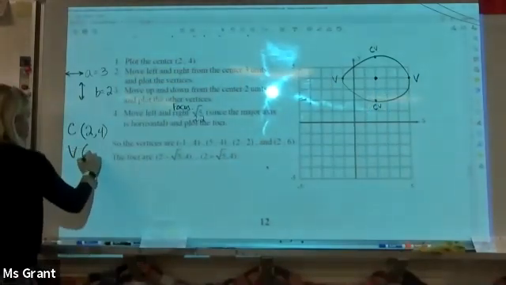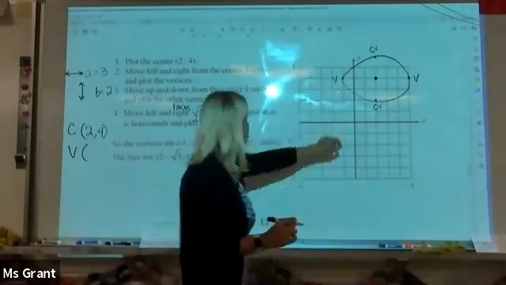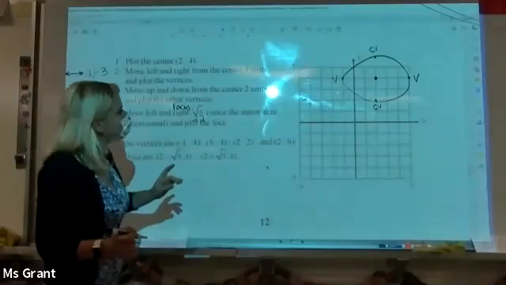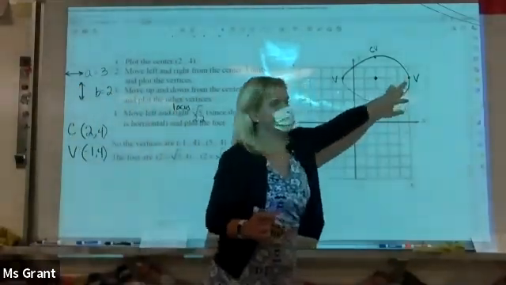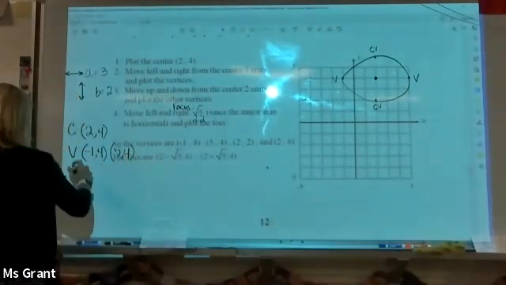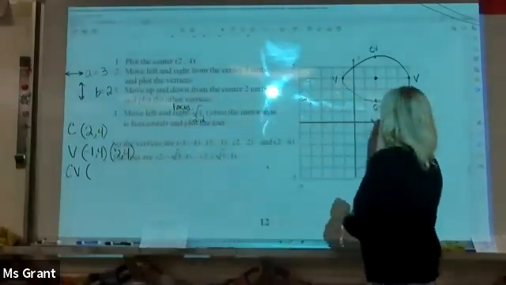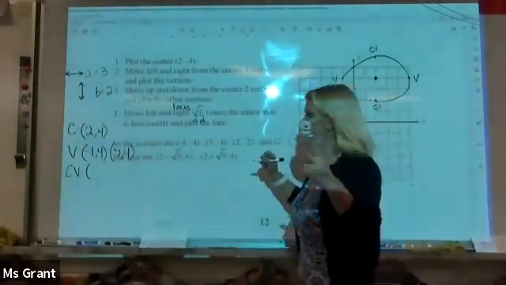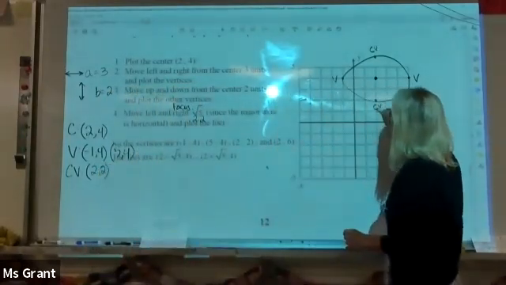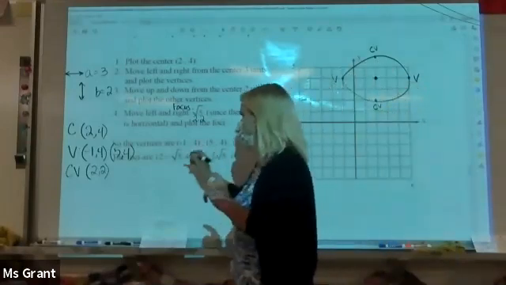My vertex has 2 points. -1, 4, and 5, 4. My co-vertex, 2 to the right, 2 up, 2, 2. And 2 to the right, 6 up.